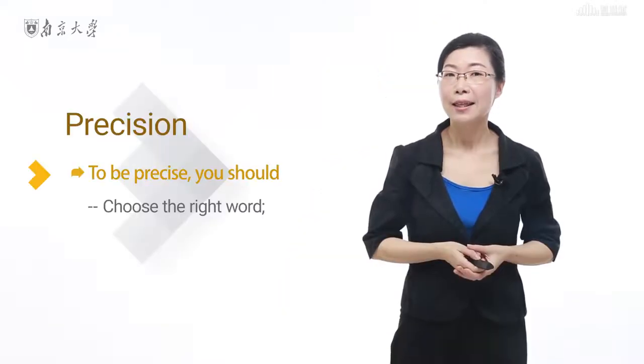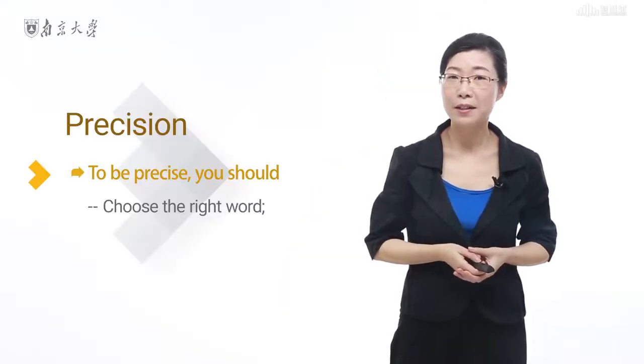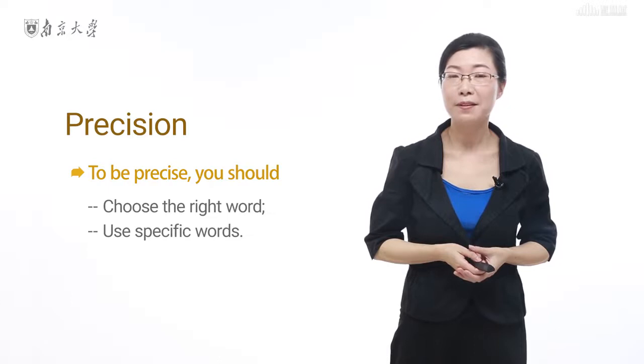In writing, you are often told to use synonyms to avoid repetition. However, you must be careful in using synonyms because even though some words have similar meanings, yet they may not be interchangeable. The second principle you should follow is use specific words.